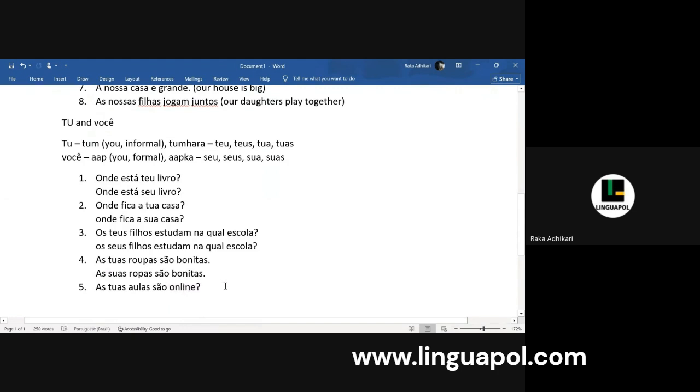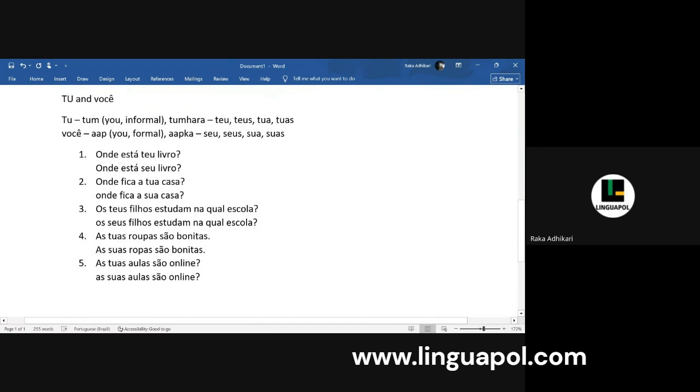As tuas aulas são online, or we can say as suas aulas. So aulas means classes. As tuas aulas são online, or as suas aulas são online. Like this, I want you to make one sentence, but the same sentence I want you to make in both, using both the words teu and seu.